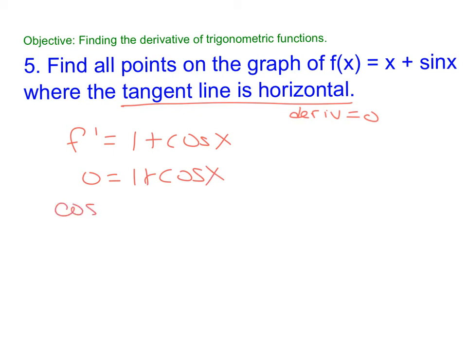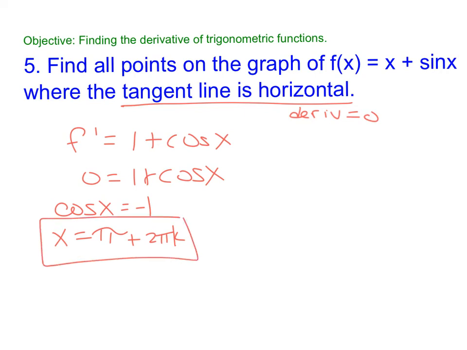Where is cosine of x equal to -1? That is pi, and then plus 2 pi k. That's it. This looks scary, but that was easy.